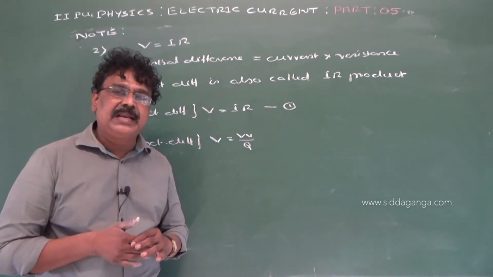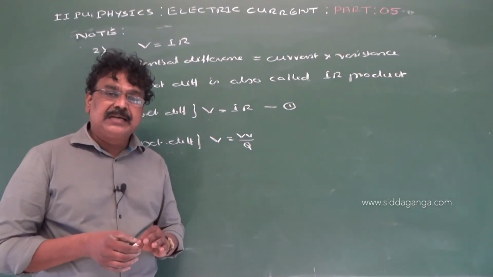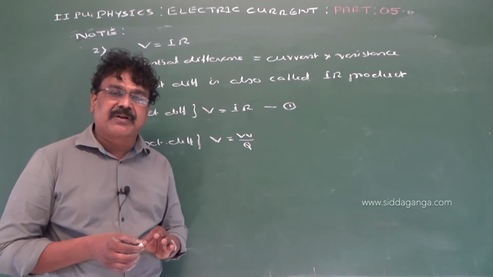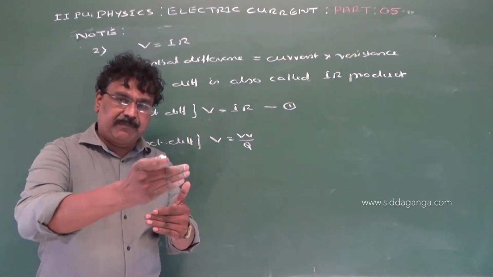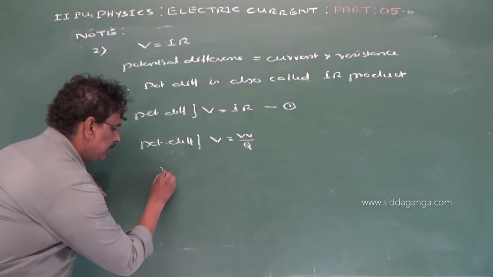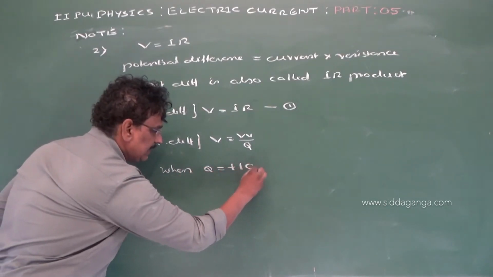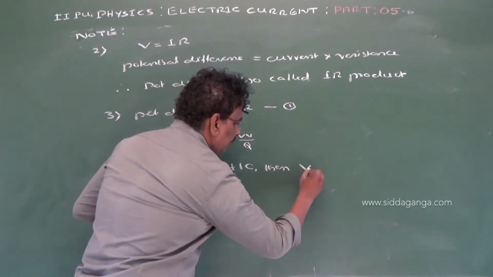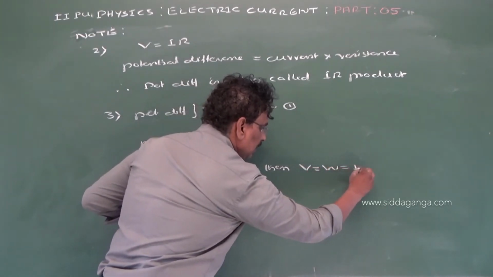Potential difference between any 2 points in an electric field is the amount of work done in bringing a unit positive charge from a point of lower potential to a point of higher potential, right? So here, when Q is equal to plus 1 C, then V is equal to W, that is equal to IR.